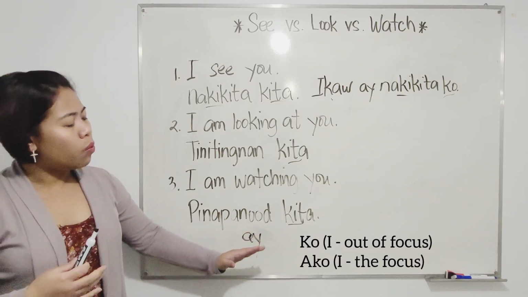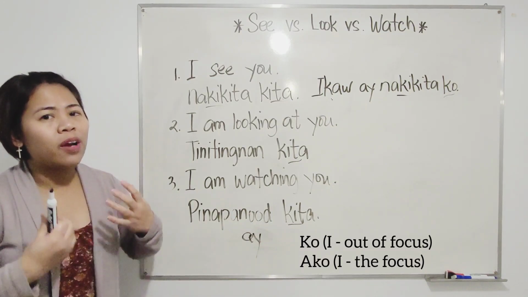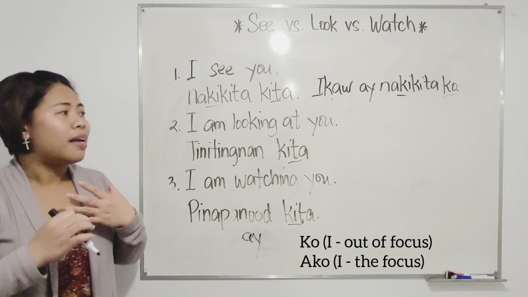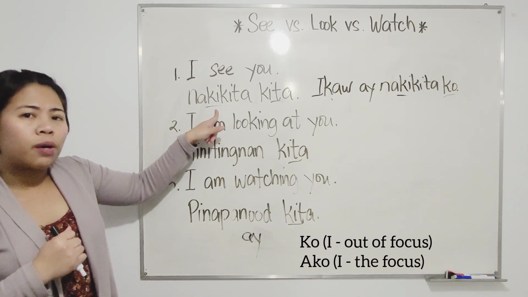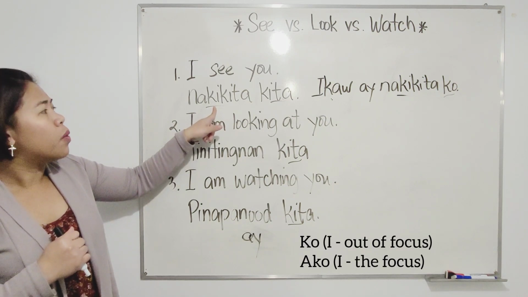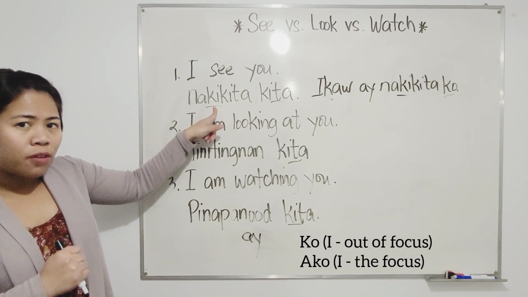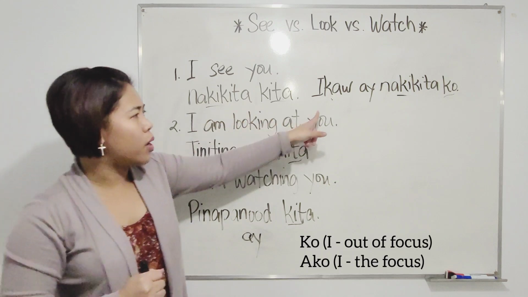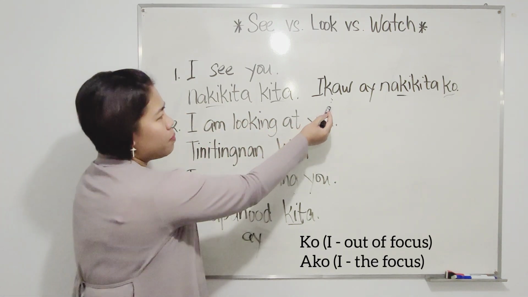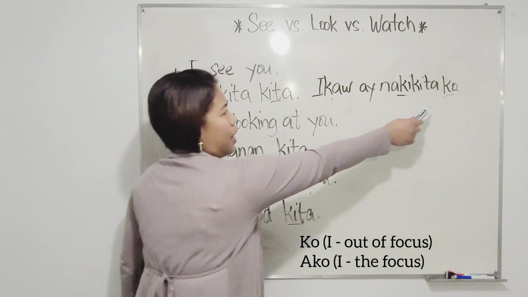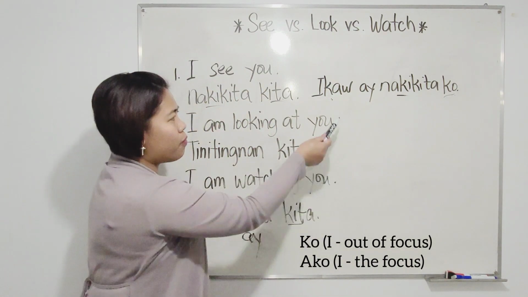But then you only use ako when you are the speaker and you are the focus of the sentence. But in this verb conversion or conjugation, it's not the speaker who is the focus, right? It's the object. So that's why when we translate it into formal written Filipino, the subject became last because it's not the focus.